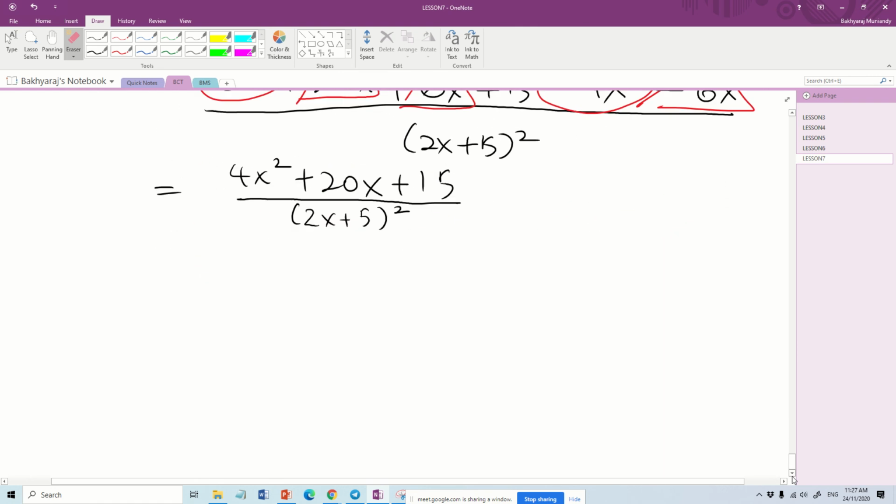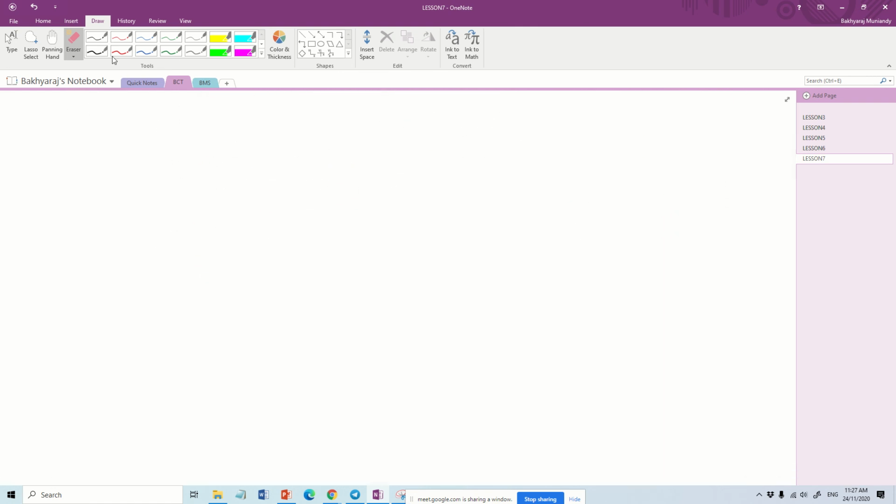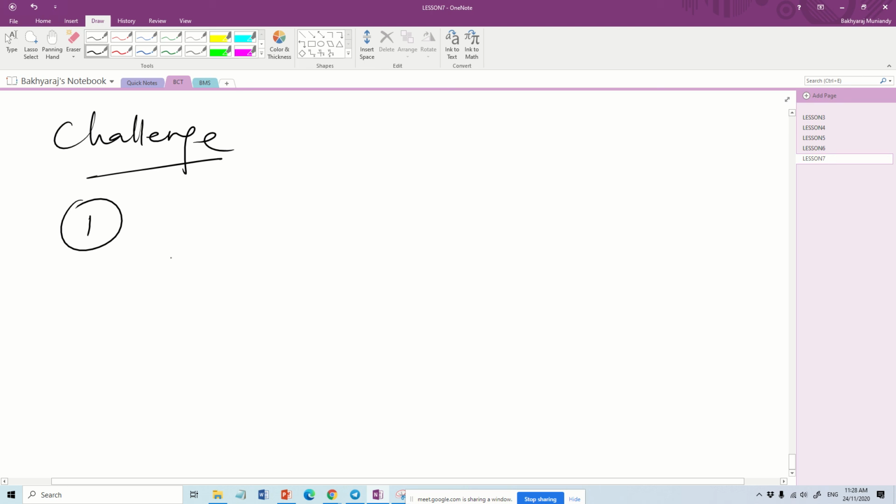Okay, next question I give you something challenging. Number one, this one is challenging question lah. I challenge you. So number one, y equal x square times (x plus 3) square. This is a new challenge. The problem here, this is product. Product maksudnya apa?